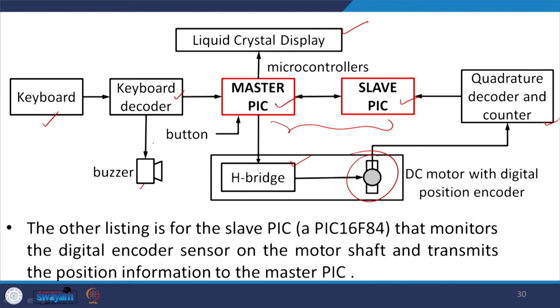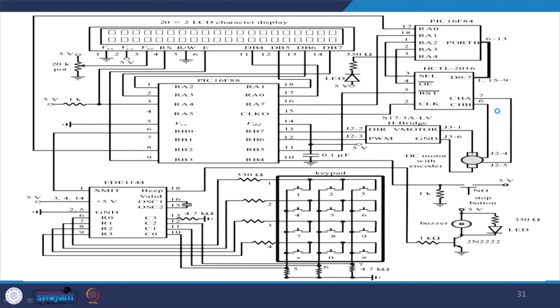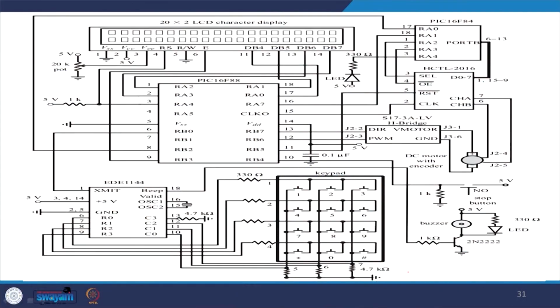The other listing, for the slave PIC, monitors the digital encoder sensor on the motor shaft and transmits the position information to the master PIC, as I said. This picture I have taken from the handbook. You can see the connections for this.